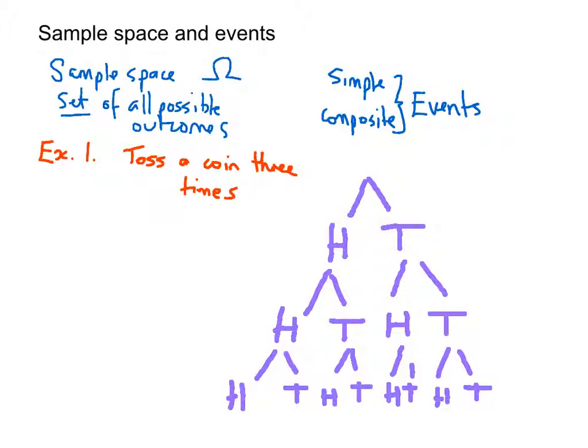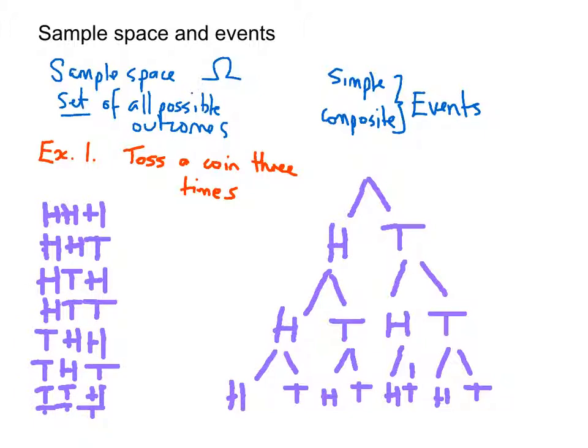These are our simple events within the sample space. So we have head, head, head; head, head, tail, and so it continues. So what we have are our 8 simple events within the sample space.